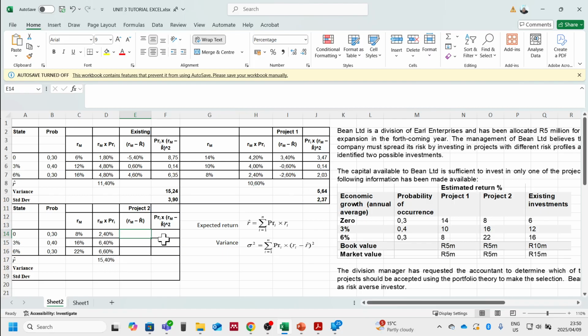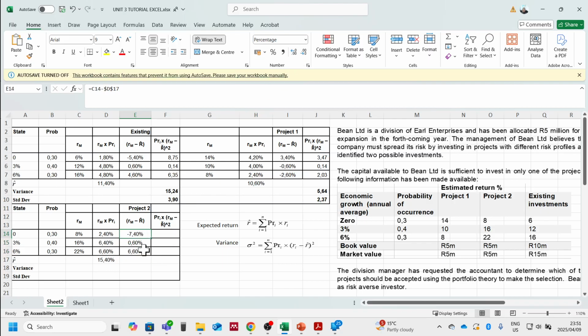So starting over here, project number two, deviation will be 8% minus 15.4, giving us a minus 7%. And then we do the same for the rest. So over here we deviate by 1%, but it's not exactly 1%, so I just need to convert this into two decimals.